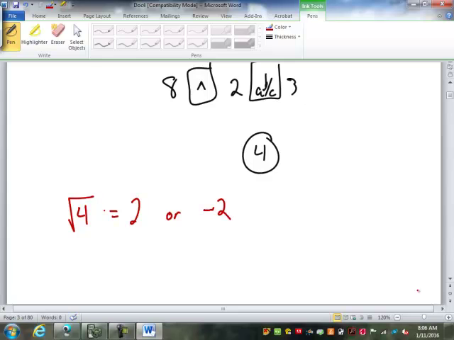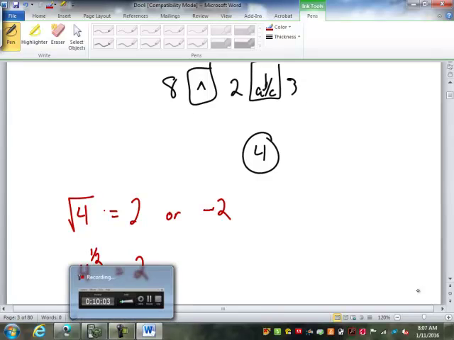Remember, -2 squared could also equal 4. And that square root is asking us what number squared equals this number. What's 4 to the power of 1/2? It's 2.